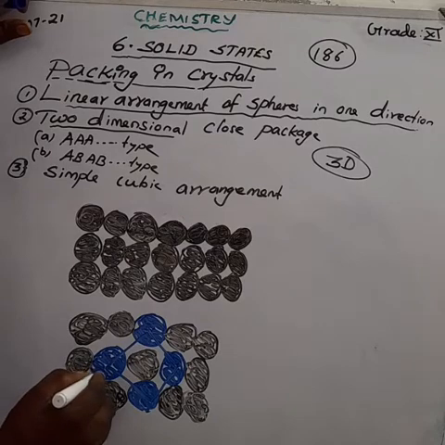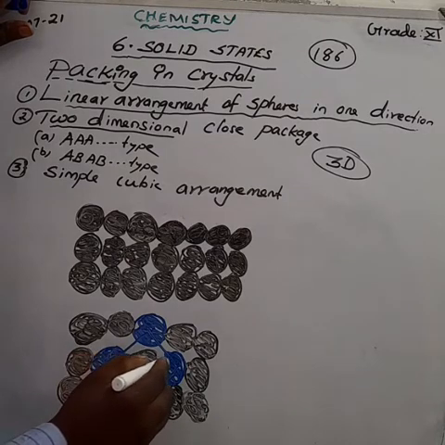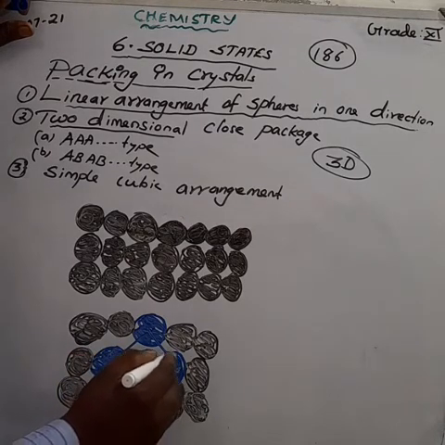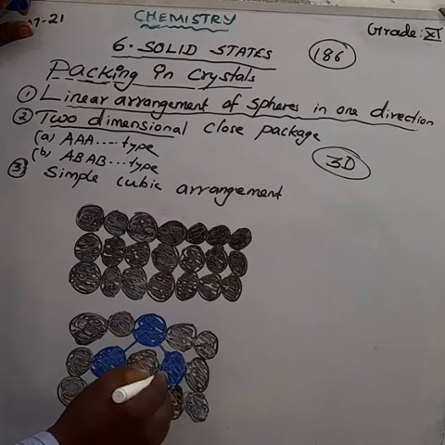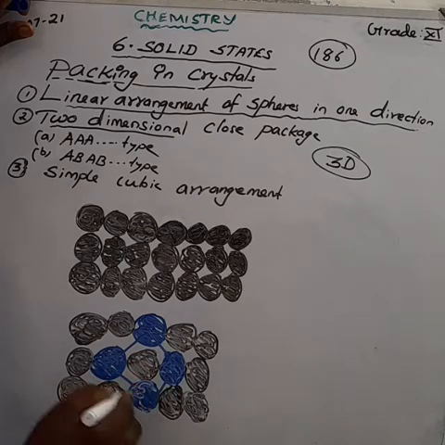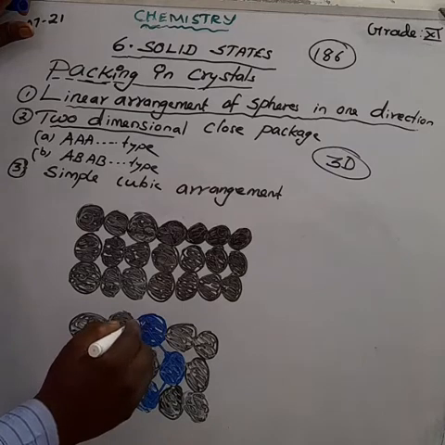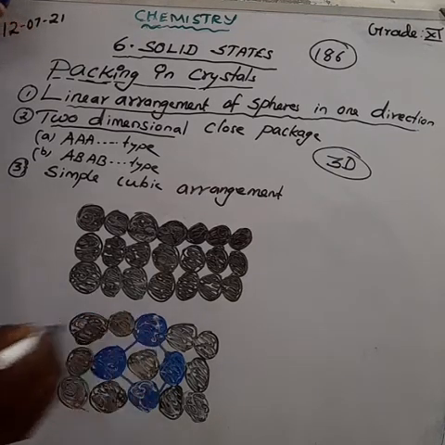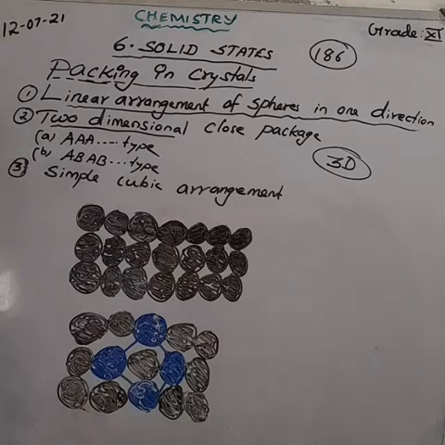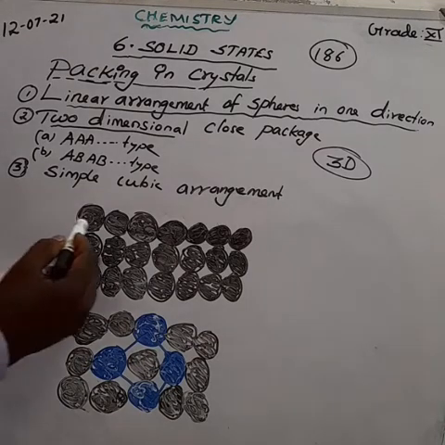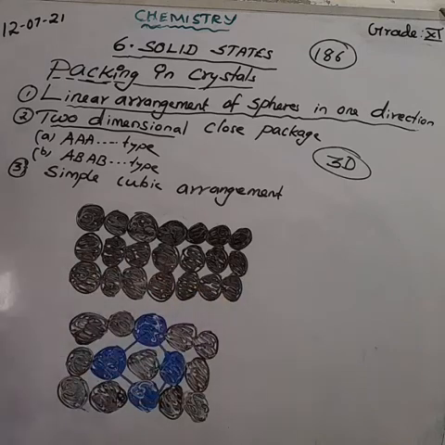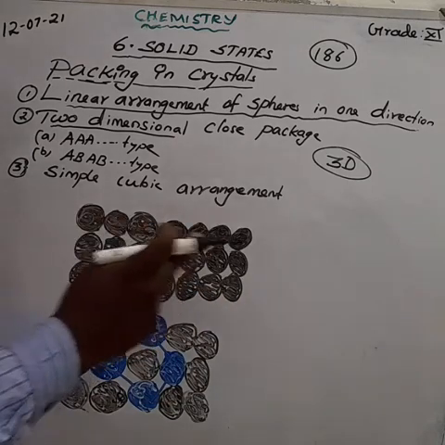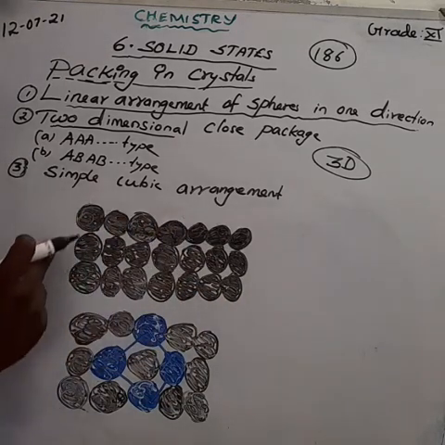So here what we are going to learn is which spheres are in contact. I am just taking the center of this one sphere. For understanding, everyone is in contact, all of you know that. In this arrangement, each sphere is in contact, am I right?